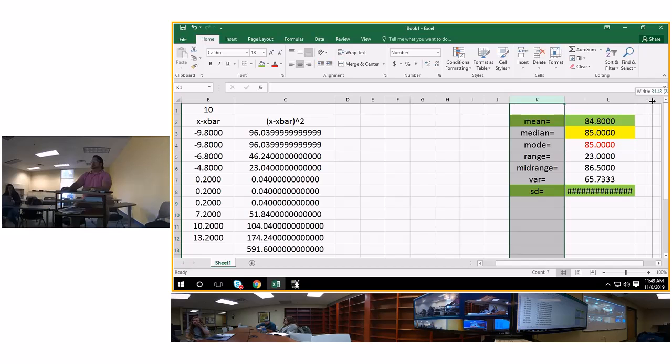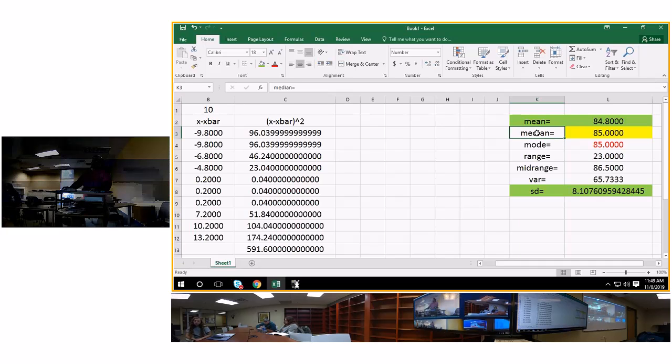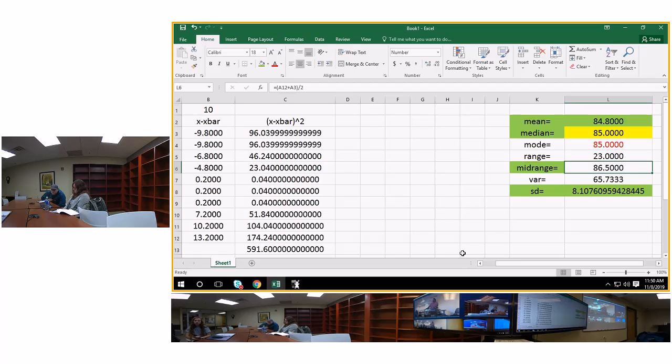Mean, median, and one more. Mid-range. Good, mid-range. So I'm going to highlight this one in green, this one in green. What should those 3 numbers be doing? They should be very close.